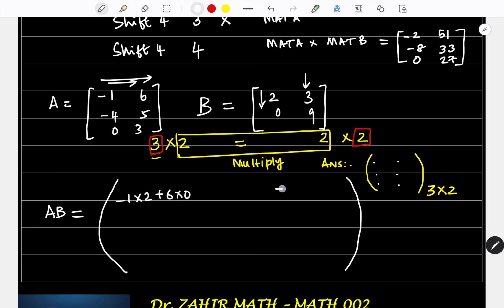First row, second column: -1 multiplied by 3 plus 6 multiplied by 9. Then second row, first column; second row, second column; next, third row, first column; third row, second column.